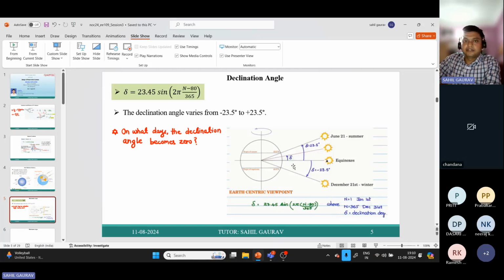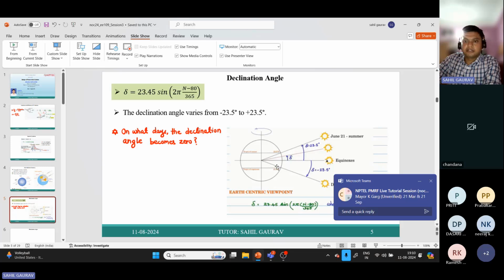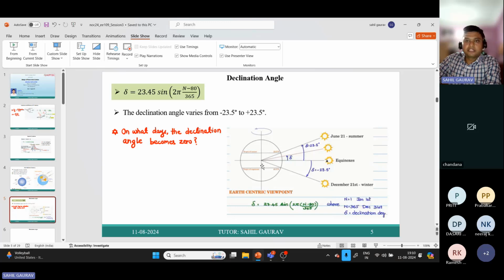Can anyone reply? You can type your answer in the chat box or you can speak also. Yes, Kegar has replied correct. This angle becomes 0 on the equinox days, because this angle is of solar insolation with respect to this equinox line.